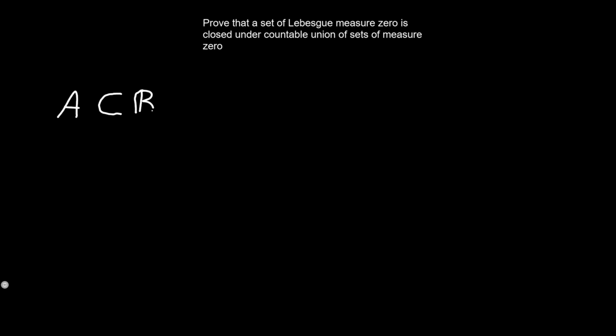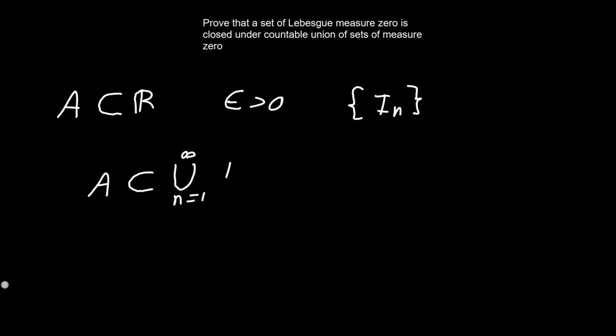It has Lebesgue measure 0 if for every epsilon greater than 0, there exists a countable collection of open intervals I_n such that A is a subset of the union from n equals 1 to infinity of I_n, and the sum from n equals 1 to infinity of the absolute value of I_n is less than epsilon.